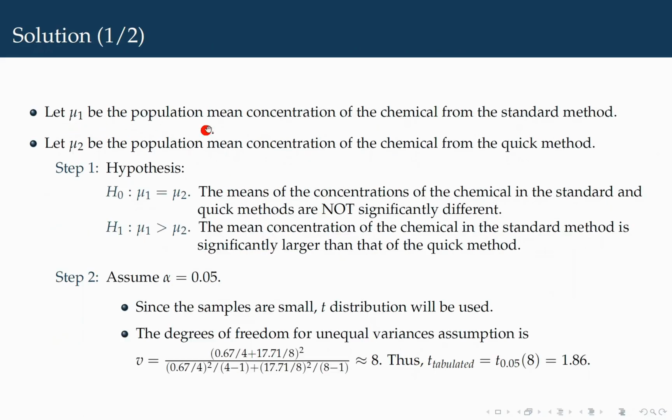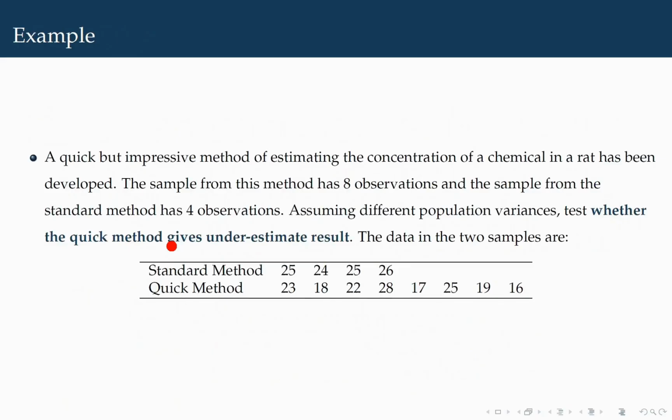So let mu1 be the population mean concentration of the chemical from the standard method, and let mu2 be the population mean concentration of the chemical from the quick method. So H0: mu1 equals mu2. That means the mean concentrations of the chemical in the standard and quick methods are not significantly different. And we are interested in testing whether the quick method, that is, the second method, has a lower mean compared to the standard method.